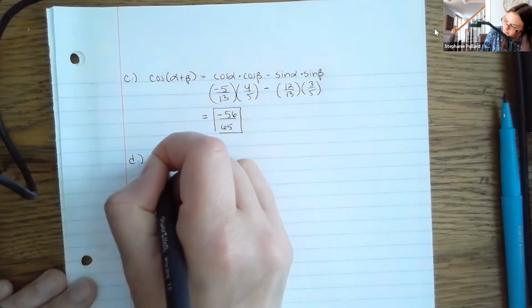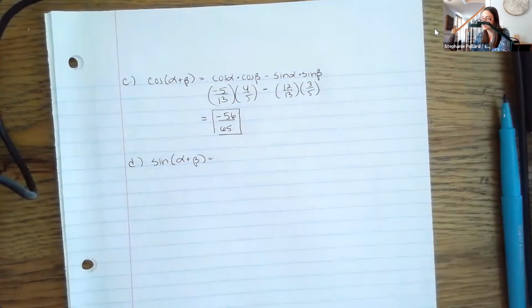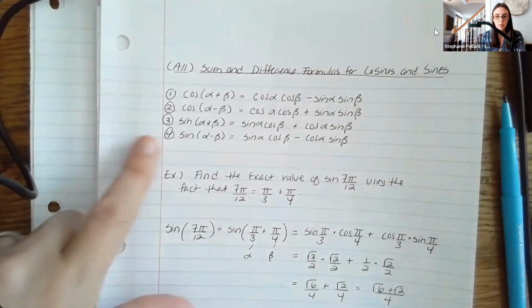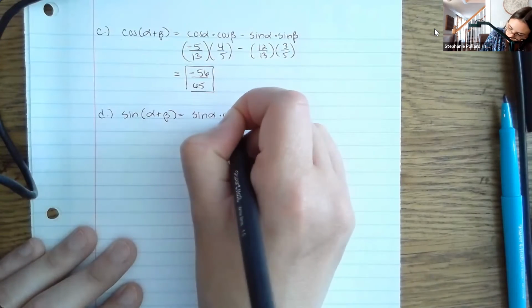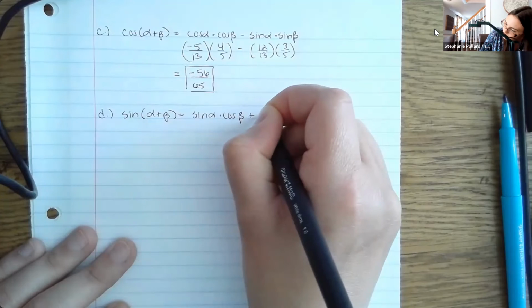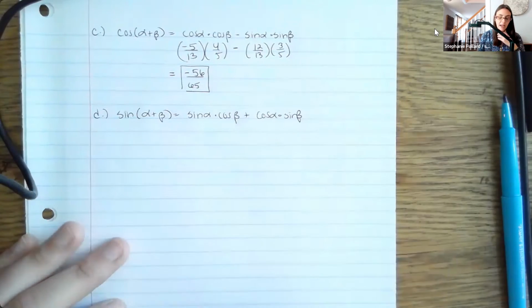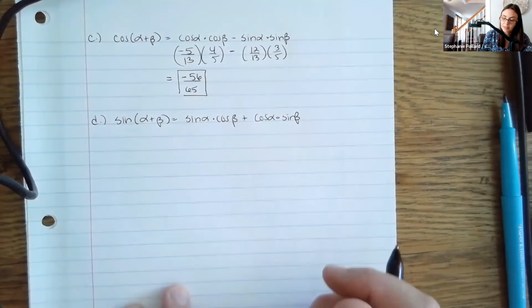For D, we're looking at sine of alpha plus beta. So again, I can just go back to my table here and write in my formula. So I'm just going to go ahead and copy that formula right in. So I'm looking at sine alpha times cosine beta plus cosine alpha times sine beta.